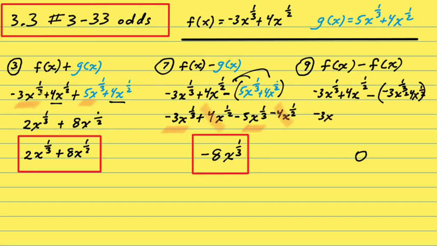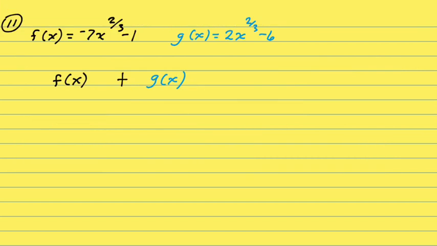You'd have negative 3x to the 1/3 plus 4x to the 1/2. I think that makes plus 3x to the 1/3 minus 4x to the 1/2. I think these add to 0. But again, I would hope you would know that anything minus itself is 0.